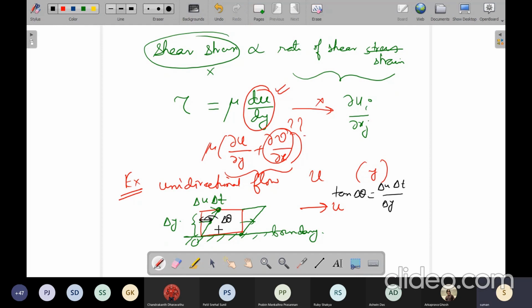As these are small times and small delta y, delta theta is also small, so tan delta theta is as good as delta theta, and you divide it by delta t. If you take the limit as delta t tends to 0, this is your theta dot, and this is nothing but du dy.